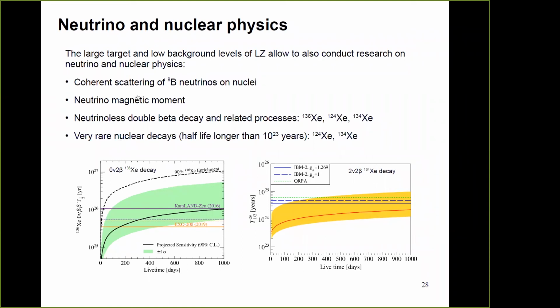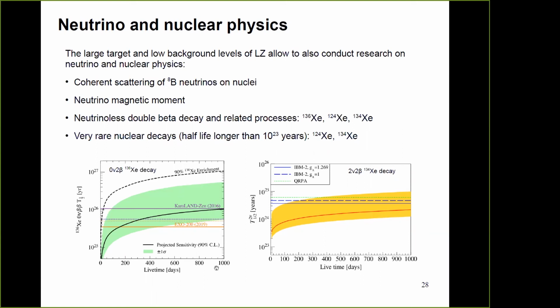I just want to mention here some of the analyses that can be done. We could be able to observe coherent scattering of boron-8 on nuclei, study the neutrino magnetic moment, and also several rare decay processes, both in the realm of nuclear physics, like double beta decays of xenon-134, or electron capture positron emission of xenon-134, or searches for neutrinoless double beta decay.